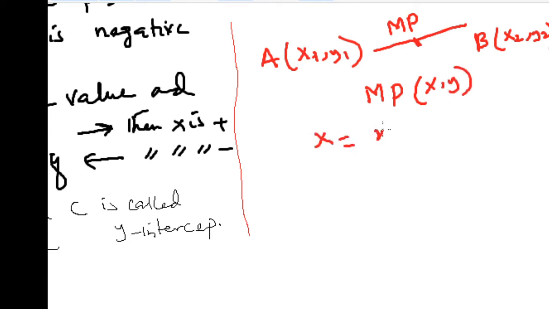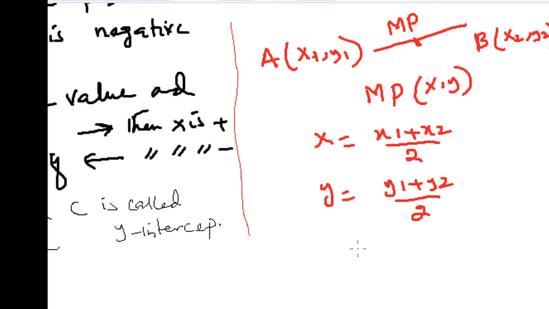You can find x by adding x1 and x2 and dividing by 2. You can find y by adding y1 and y2 and dividing by 2. That's the midpoint.